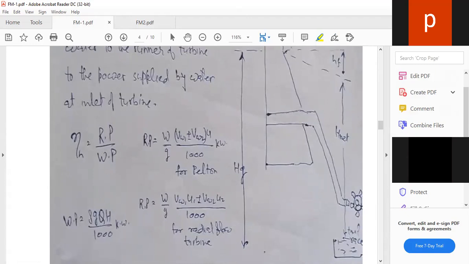This is turbine, and at the end of this penstock we are having the nozzle fitted, which increases the velocity of the water. So water impinges on the blades of the turbine with a high speed. And due to this, the runner starts rotating. As the runner starts rotating, the shaft also starts rotating, and thus this water power is converted into shaft power.